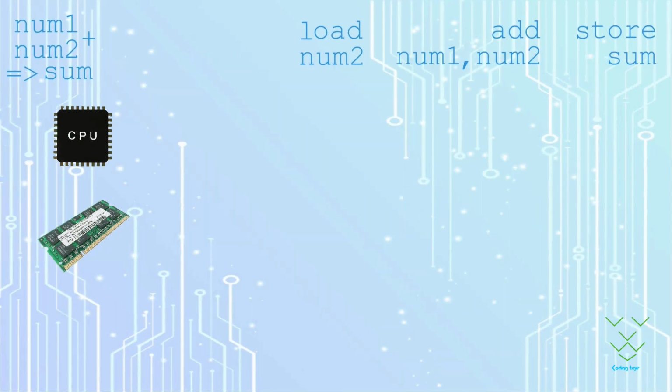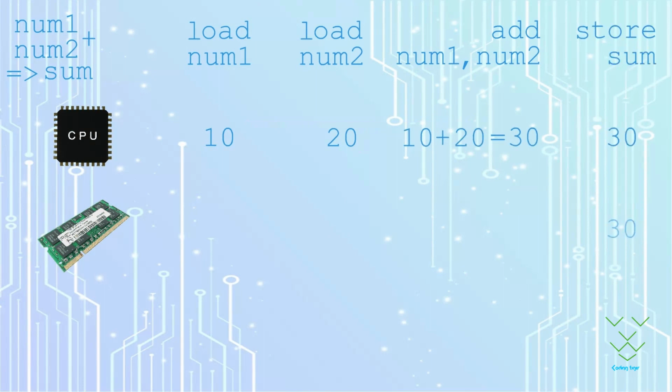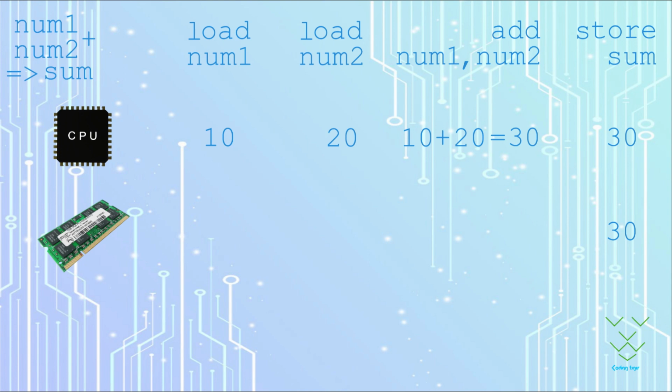For that, the first number has to be fetched from the memory into the processor. After that, the second number should be reached. Then add the two numbers together and save the sum back into the memory. Now you can see that multiple operations are performed as part of an instruction.